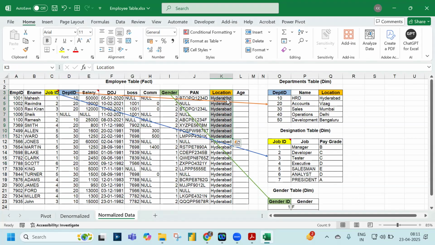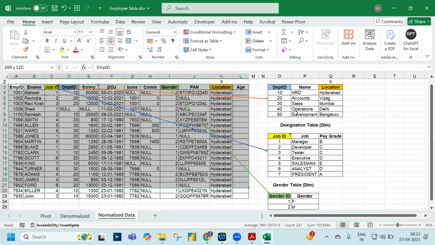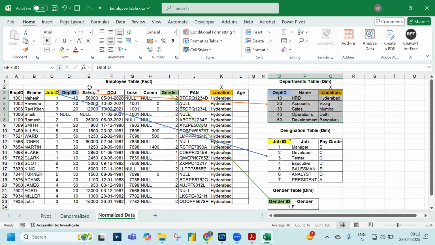The location here and location here, that is not the correct selection, I would say. The reason being, there can't be any relationship between the employee location and the department location. From the employee table to the department table, if you want to create any relationship, you need the ID only, not the location.